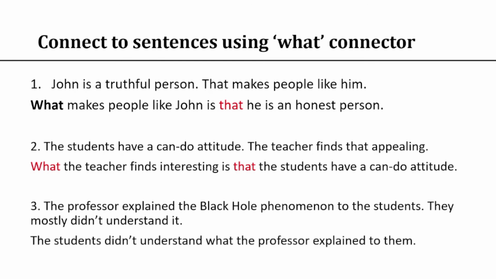Okay, let's combine using what. The students didn't understand what the professor explained to them. So here we don't have the connector that because what functions as the object of the verb.